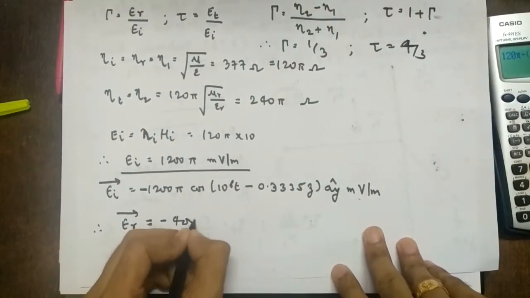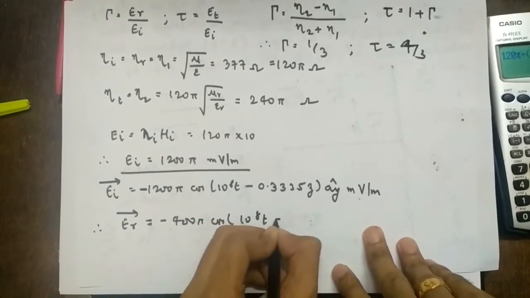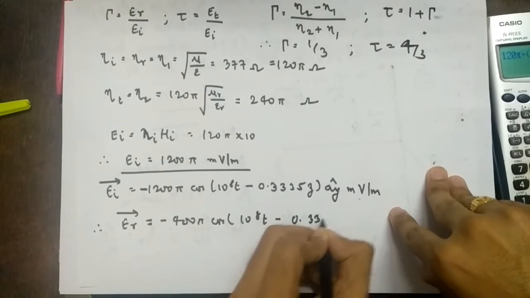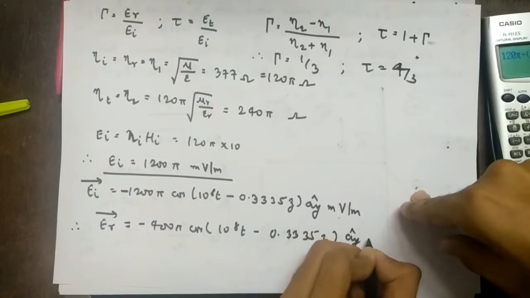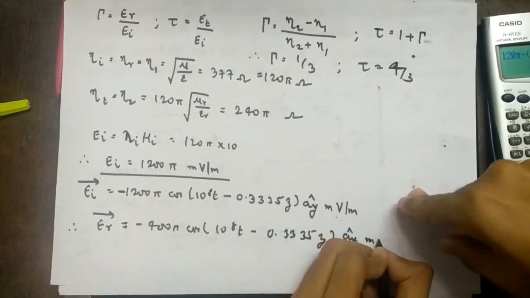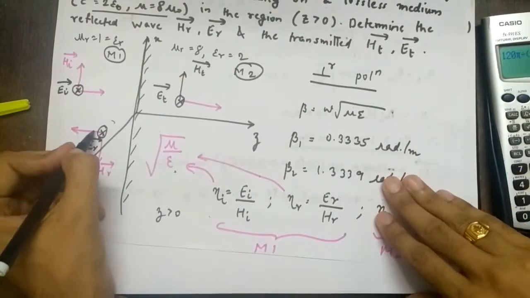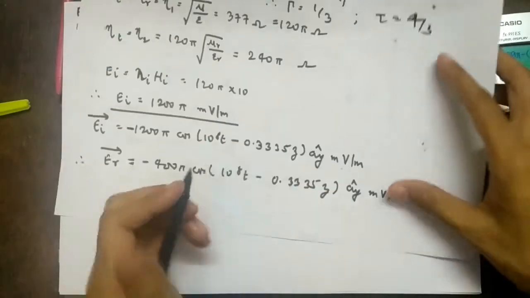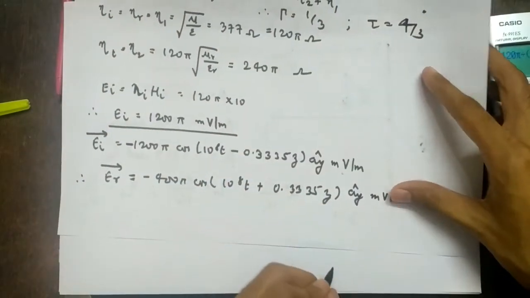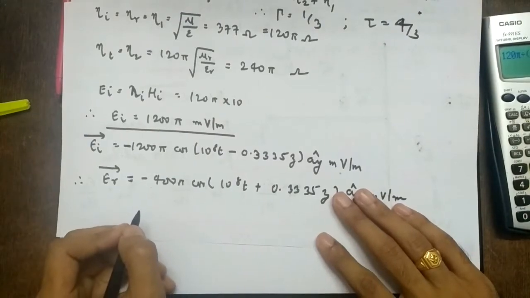So we'll get minus 400 pi cos of (10 raised to 8 t minus 0.333 z) a_y cap millivolts per meter. But now what is happening? It is a reflected wave, so you have to see that it is traveling in the minus z direction. So you will make this as plus. Okay, so this is your answer for ER vector.